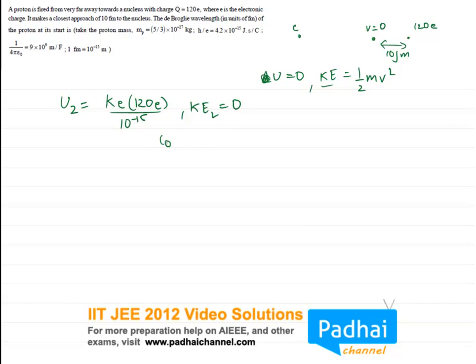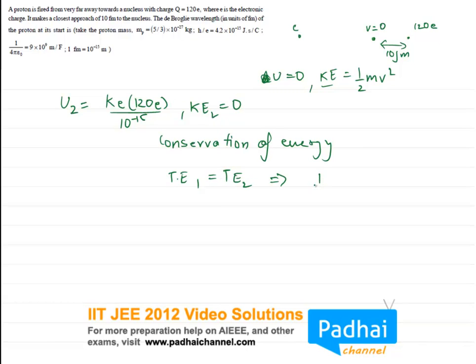Now using conservation of energy, total energy at one point should be equal to total energy at the second point.